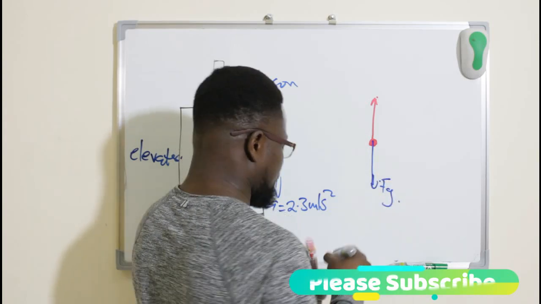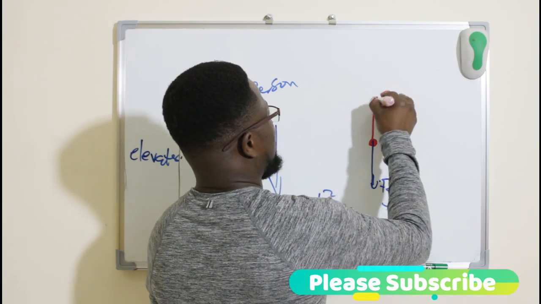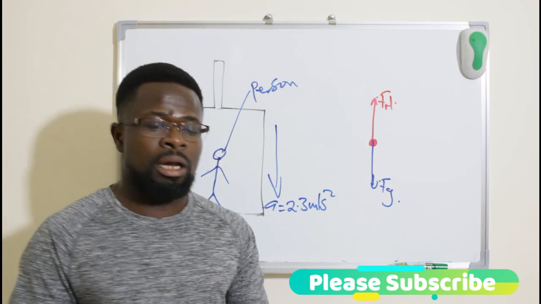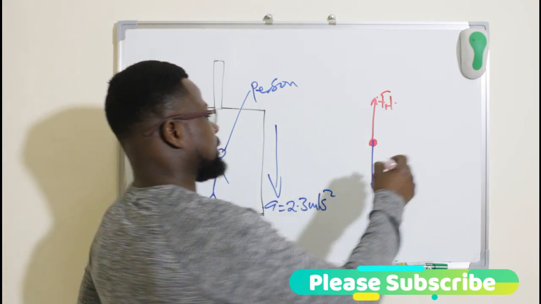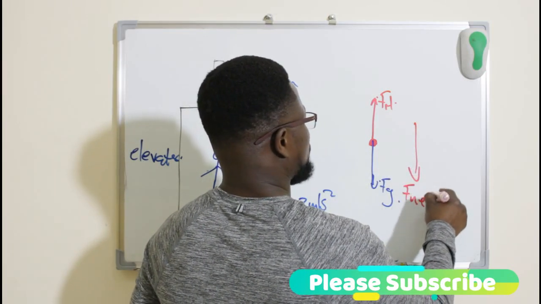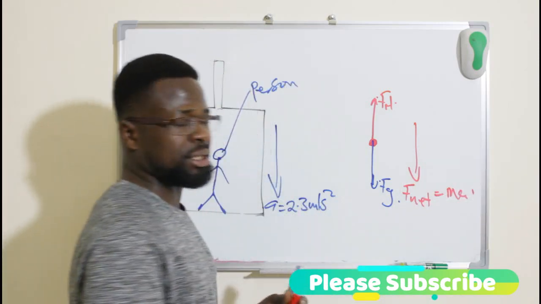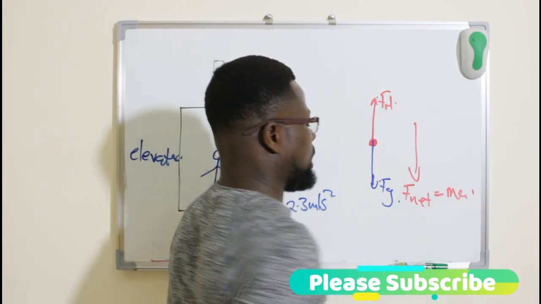So this is the weight, and this is the normal force. And remember that we know definitely that the net force is in the direction which is what? Downwards. So the net force is in a downward direction, and we know that the net force is equal to MA.